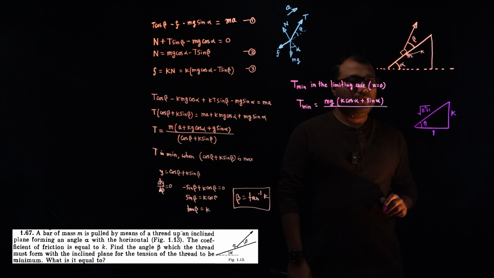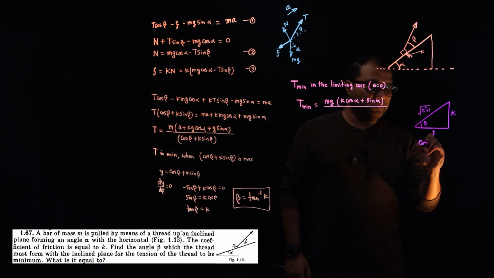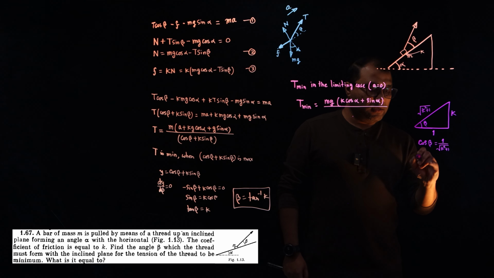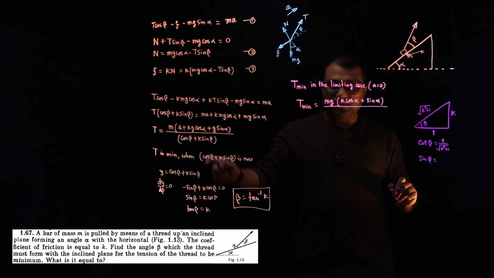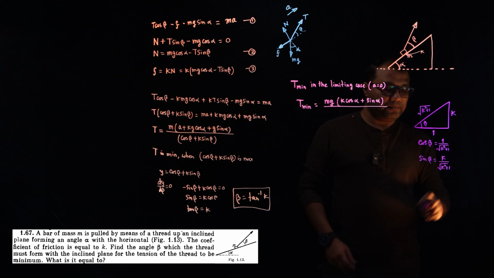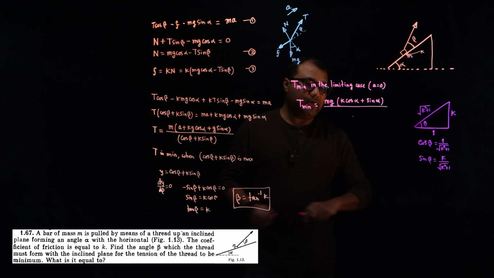So therefore, our cos beta is 1 by root k square plus 1, and our sine beta, which is this, is k by root k square plus 1. Okay. So let's come back here and substitute those values.